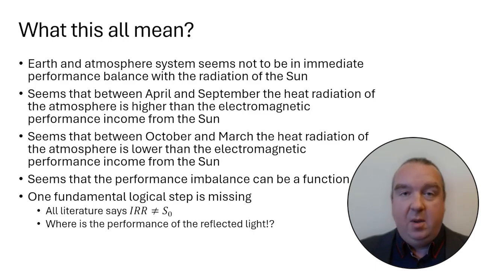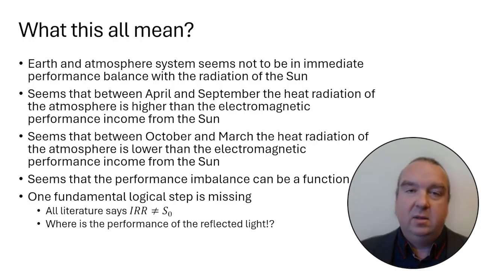Seems that between April and September, the heat radiation of the atmosphere is higher than the electromagnetic performance income from the sun. And conversely, from October till March, the heat radiation of the atmosphere is lower than the electromagnetic performance income from the sun.